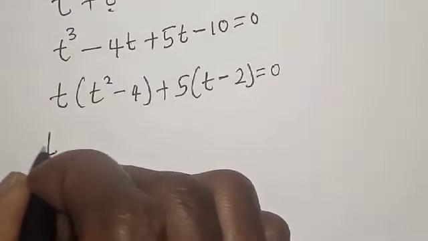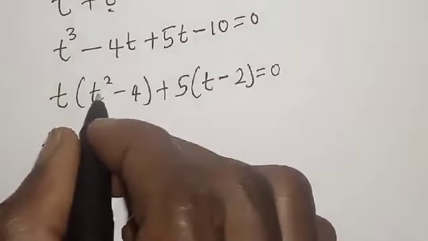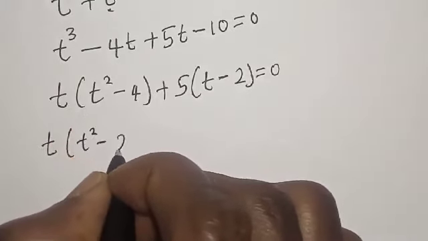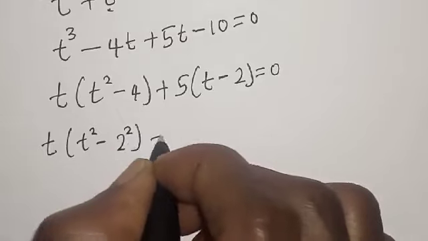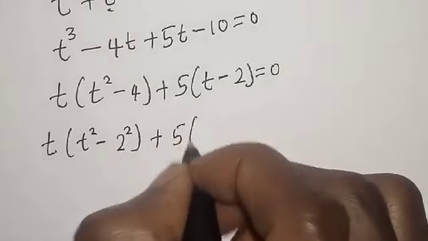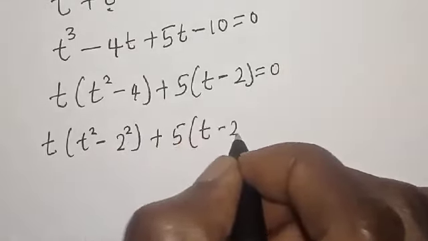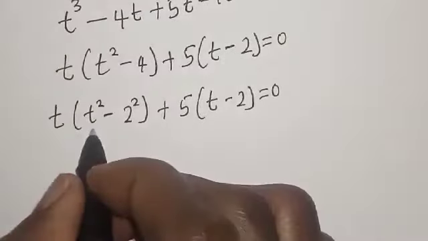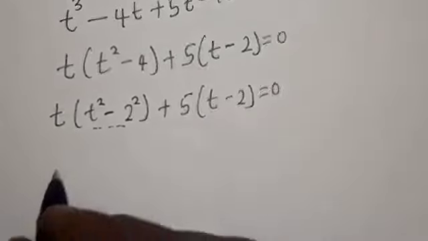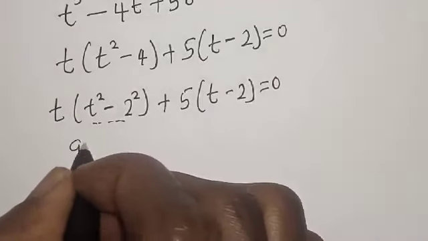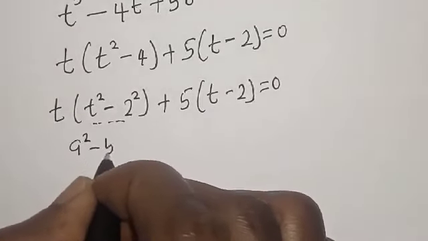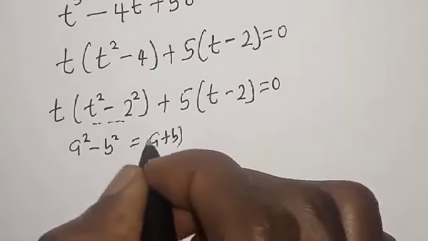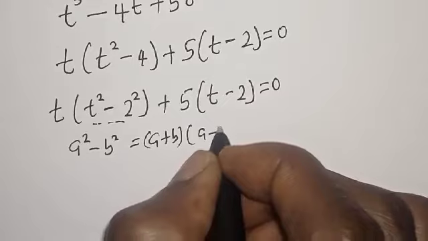Then we have t into t squared minus 2 squared plus 5 into t minus 2 is equal to 0. Here in the bracket is a difference of squares. That is, a squared minus b squared is equal to a plus b multiplied by a minus b.